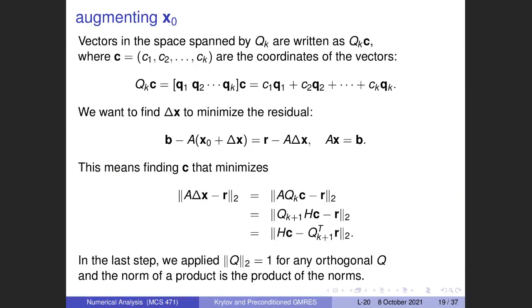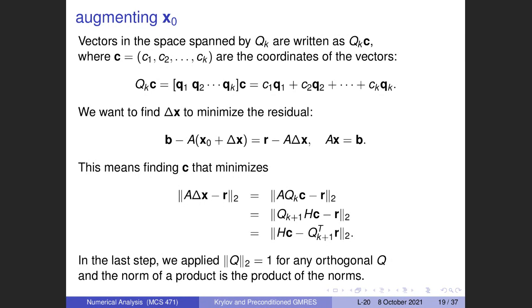Well, we can write any vector as a linear combination of the basis elements. So we're going to use a coefficient vector. We're going to look for a vector in that space that minimizes the residual.